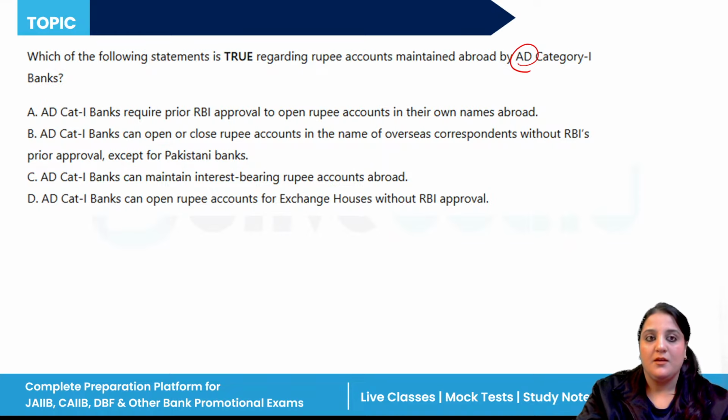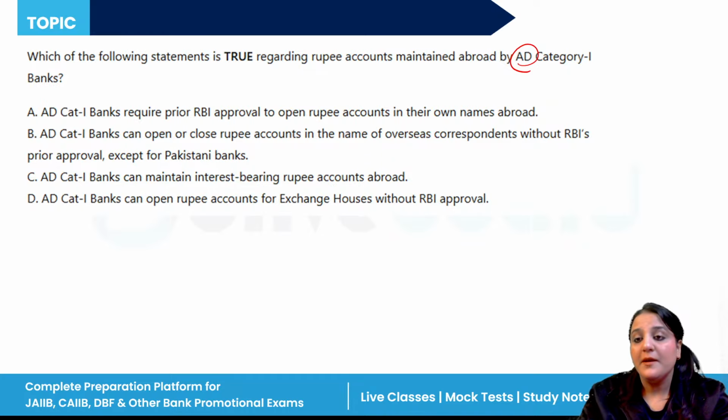See, we know that RBI permits authorized dealer category 1 banks to freely manage all the things, right? So basically they can manage rupee accounts abroad for operational convenience as long as they are non-interest bearing accounts, or they are not in the names of Pakistani banks, and the bank board has appropriate policies in place.